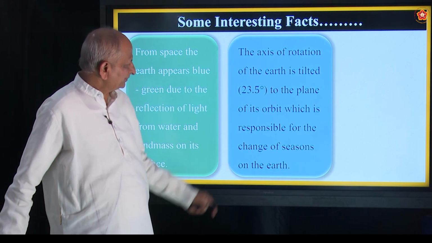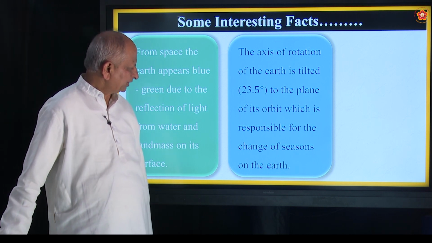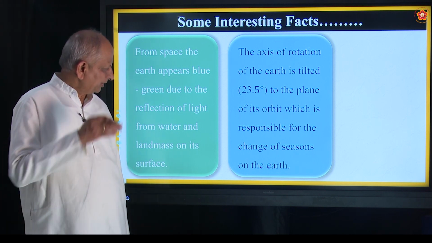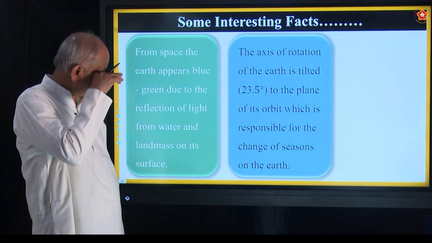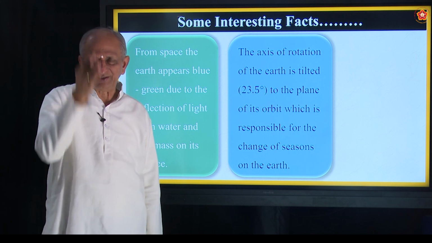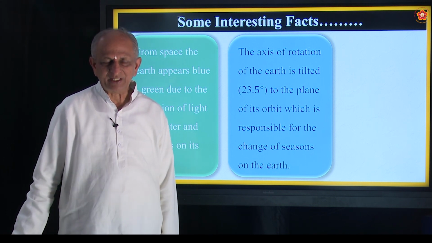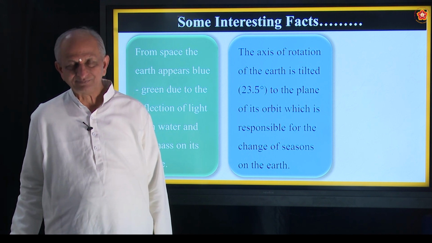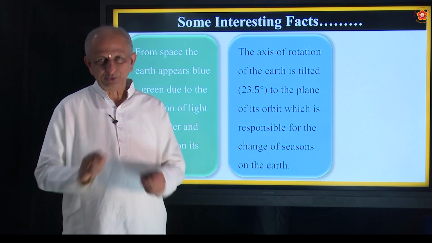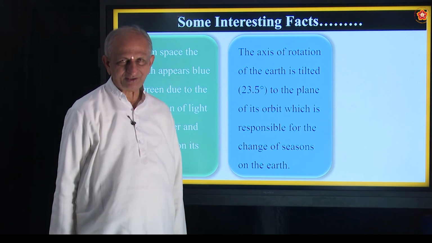Second point, the axis of rotation of the earth is tilted 23.5 degrees to the plane of its orbit, which is responsible for the change of seasons. It is not straight, it is tilted. The other day we discussed the spinning top. What do you do there? You tie it with a thread and throw it on the ground.